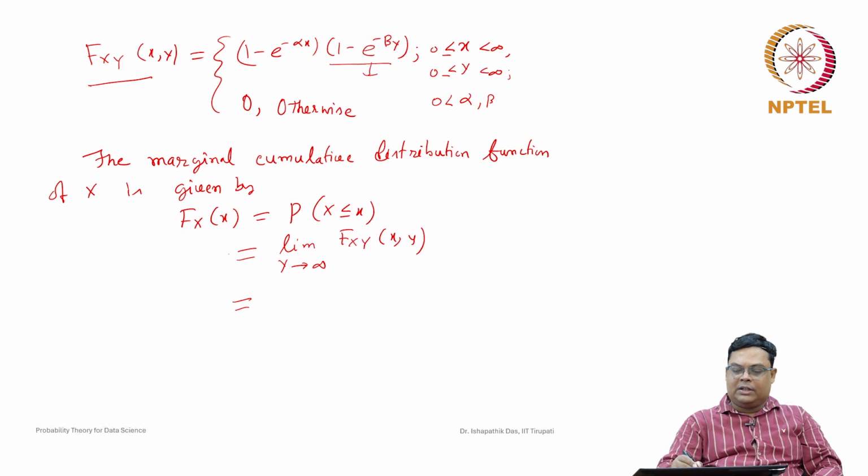So we can write the limit as y goes to infinity of 1 minus e to the power of minus alpha x, into 1 minus e to the power of minus beta y. As y goes to infinity, with beta positive, e to the power of minus beta y goes to 0, so the second factor goes to 1. So this is nothing but 1 minus e to the power of minus alpha x.